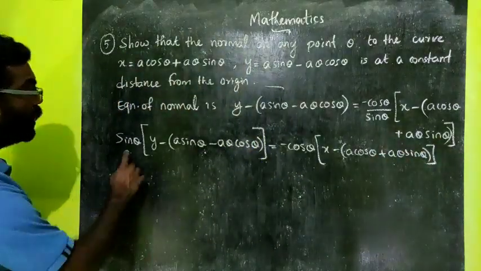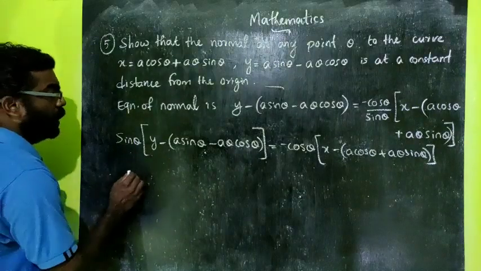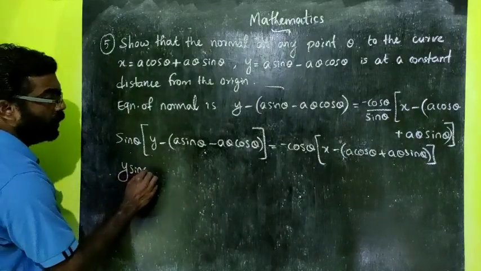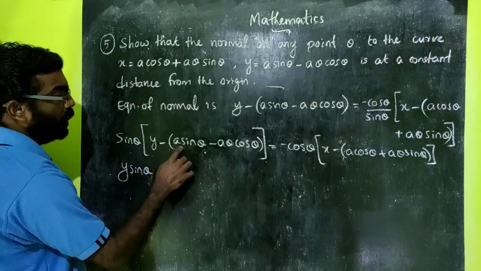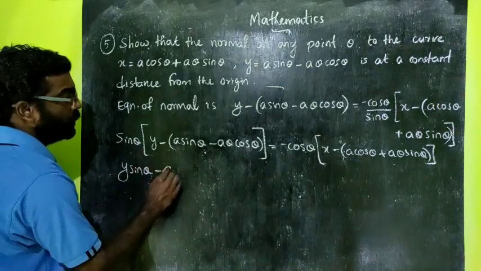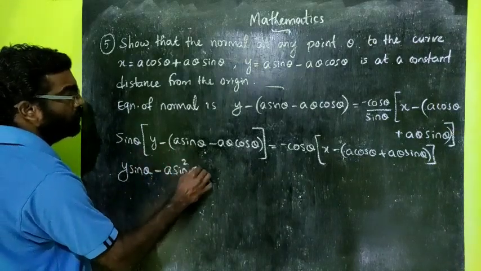Okay, you can multiply and remove the bracket. Sin theta into y can be written as y sin theta, then minus A sin theta into sin theta, so minus A sin square theta.